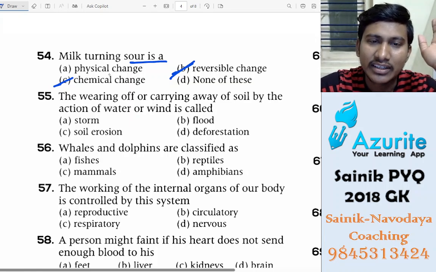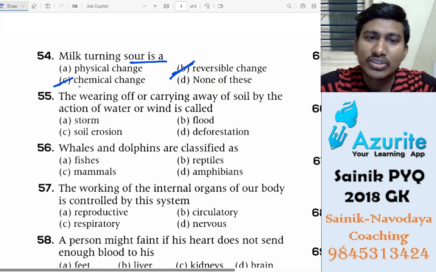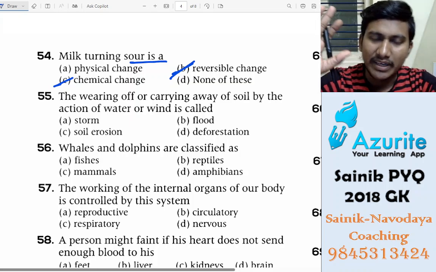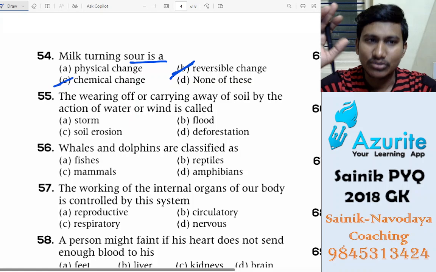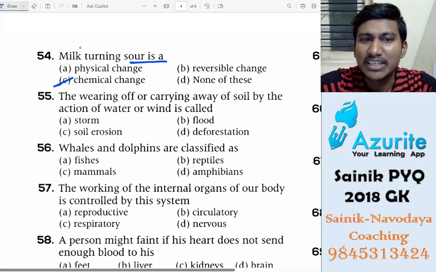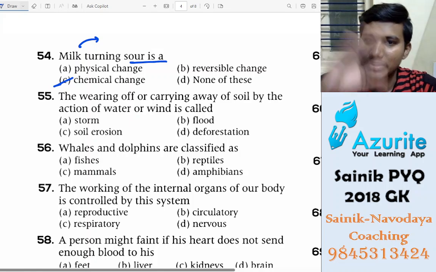In chemical changes, it may not be possible to come back, right? So that is chemical change. Different changes are there. Milk turning sour, that is milk becoming curd or anything, is a chemical change. Got it?